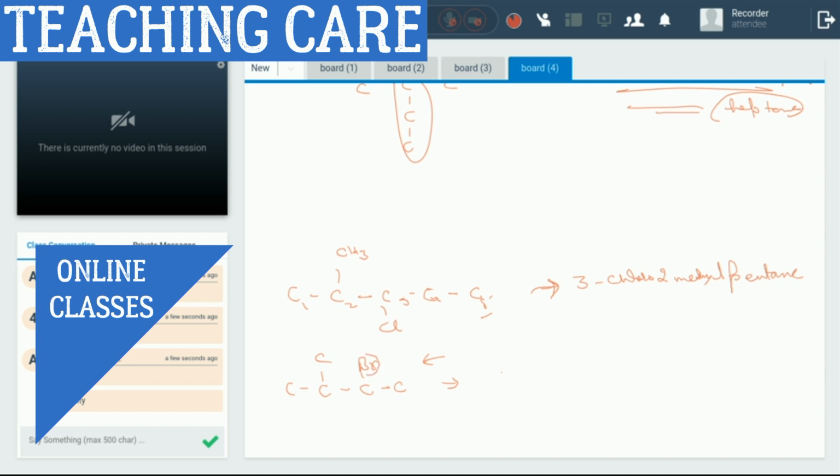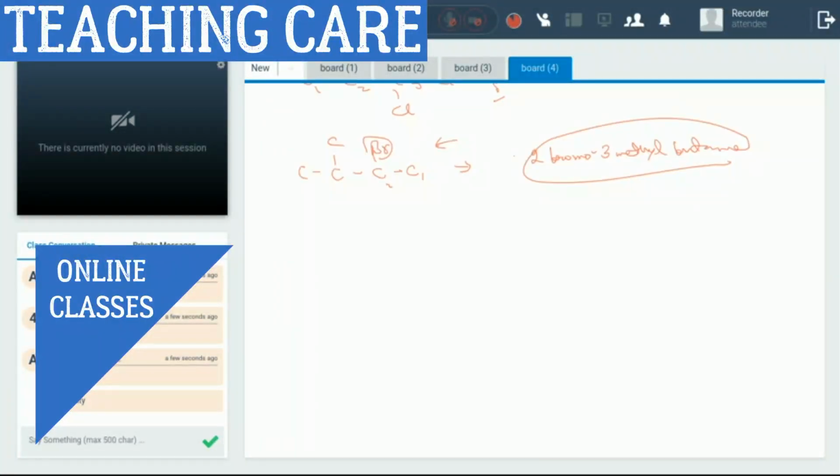So we can say this is bromo, one or two, so better two bromo. So two bromo, three methyl butane. Is that clear or not? It's clear.